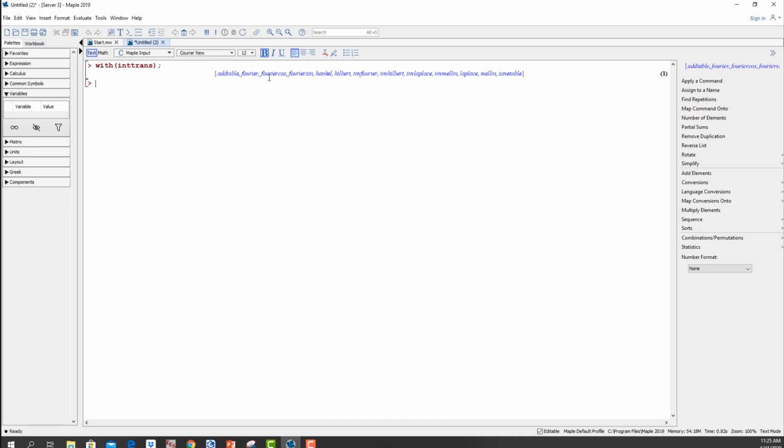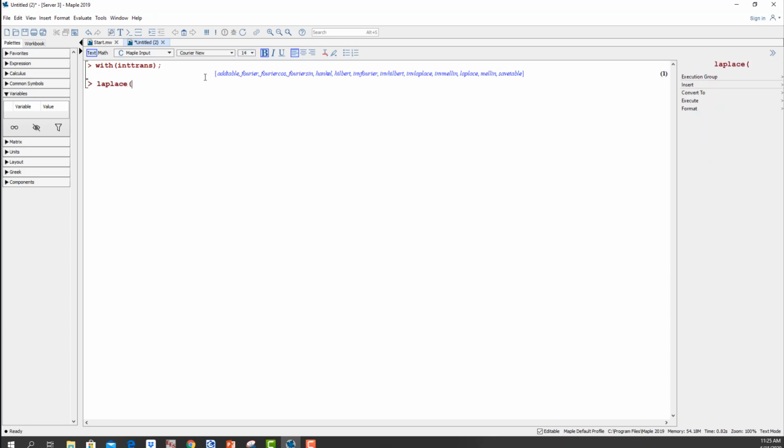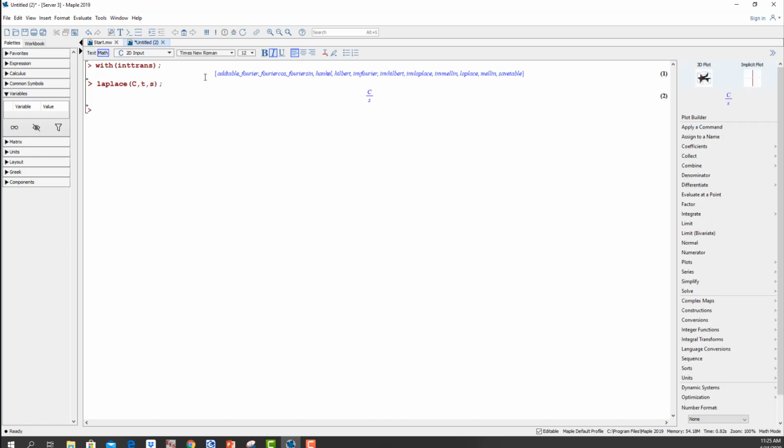So for us, we're going to be always mapping from time to s, right? So for example, if I wanted to know the Laplace transform of a constant, let's look at this. I would do Laplace. The function is c, and I want to go from time to s. And what I should see is that that's c over s, right?